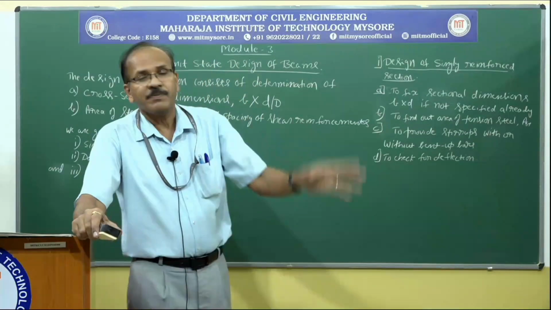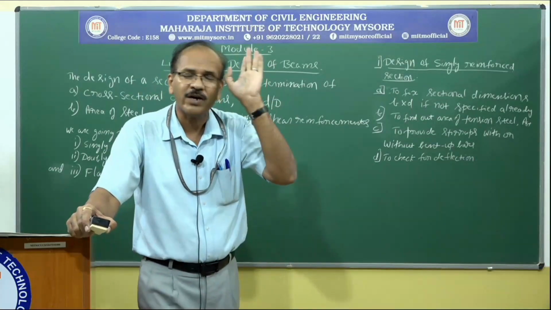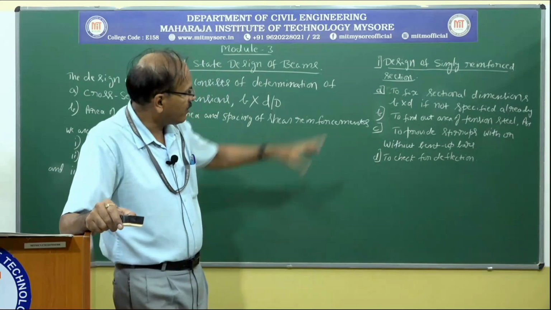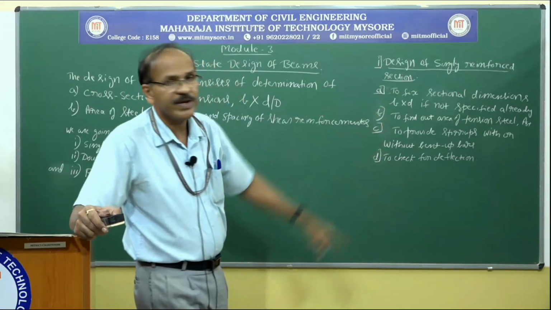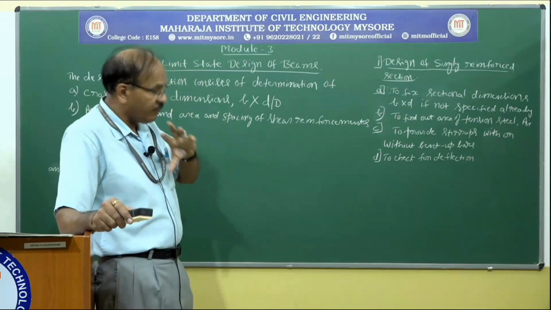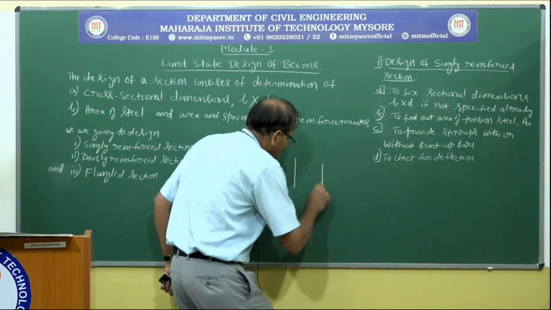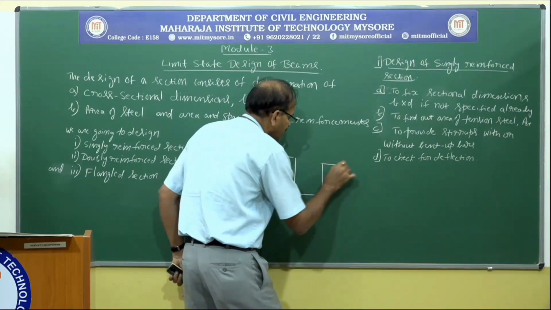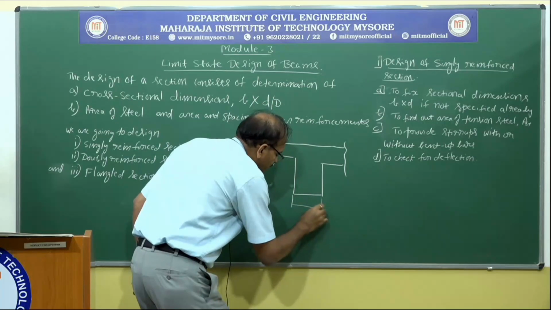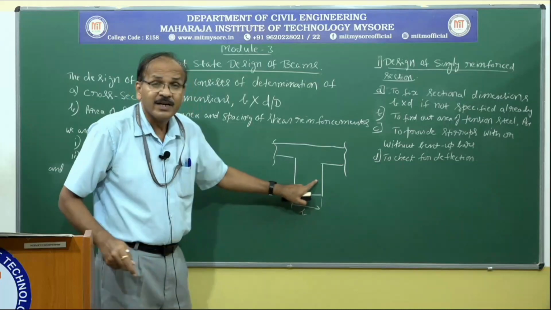You will be given a span, and you will be given the load, or else you need to calculate the load coming on that beam. Based on the span, we fix the dimensions B and D. So what should be the B value? Normally, if not given, we have to fix the width of a beam in such a way that it can accommodate the required reinforcement.